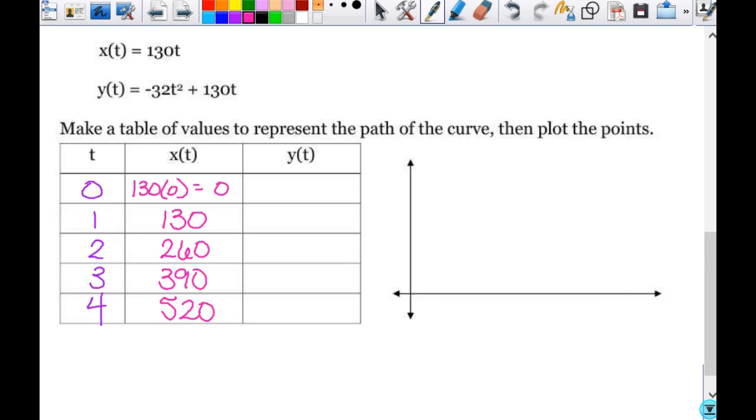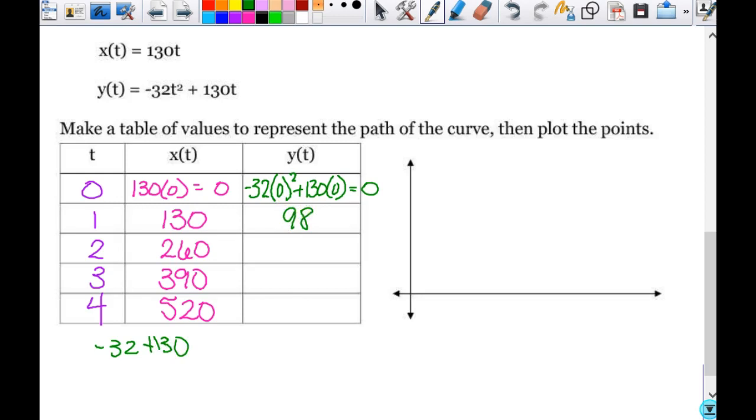Then I have to find my y values, so I have to substitute them in here. I'm going to get negative 32 times 0 squared plus 130 times 0. What's that going to give me? 0. Then I have the 1: negative 32 times t squared, and t is 1, so it's negative 32 times 1 plus 130 times 1. What does that give me? 98.